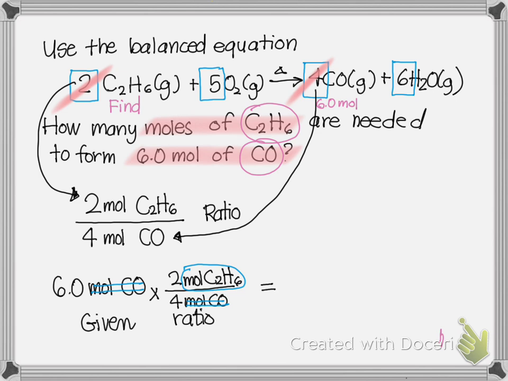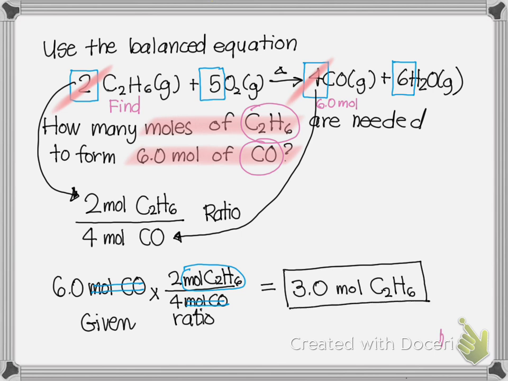So in our calculator, we say 6 times 2 divided by 4, and we get 3. So the answer is 3.